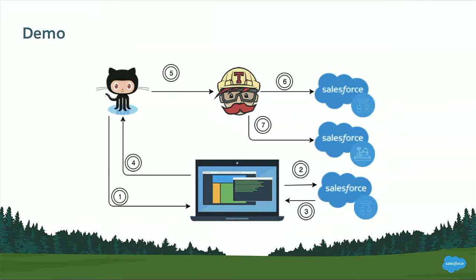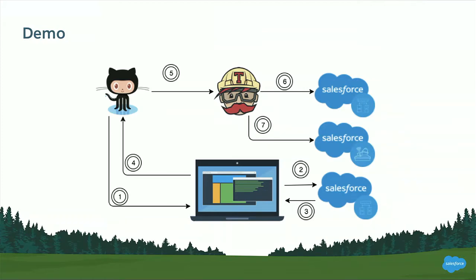In this demo, I will pull code from GitHub. I already did this part, but just so you know, that's what I did earlier. Then I'm a developer, and I'm going to make some changes to it locally, create a scratch org, push this code to the scratch org, edit it, make some changes again, pull that back to my local developer machine, commit and push to GitHub, and then the rest is automation.